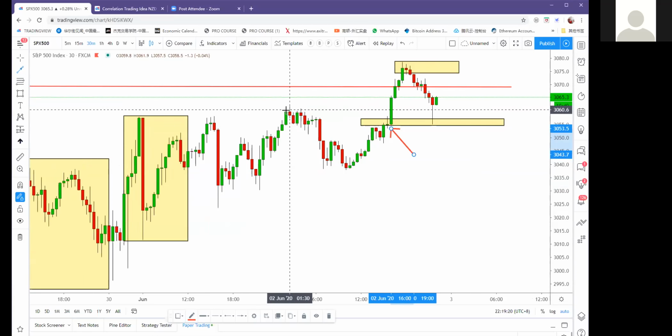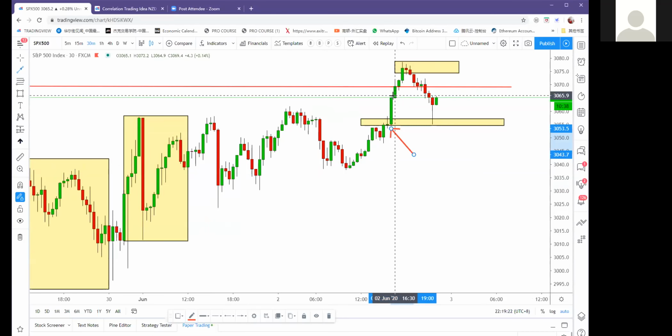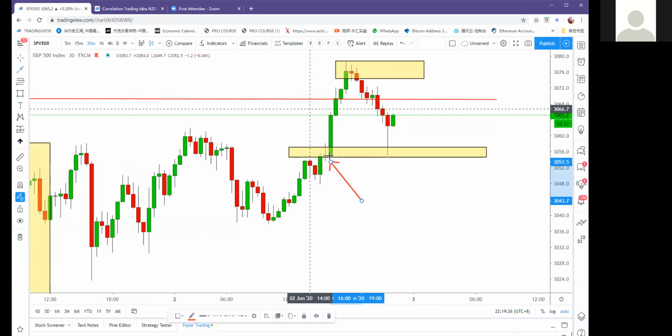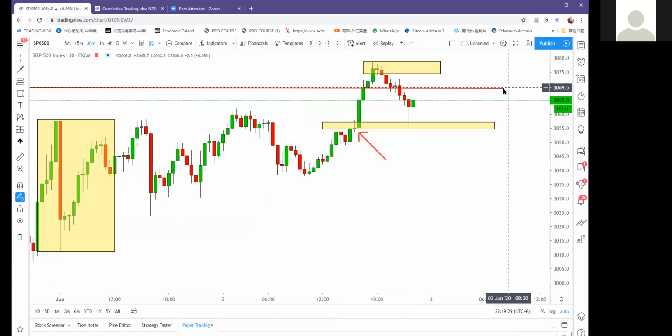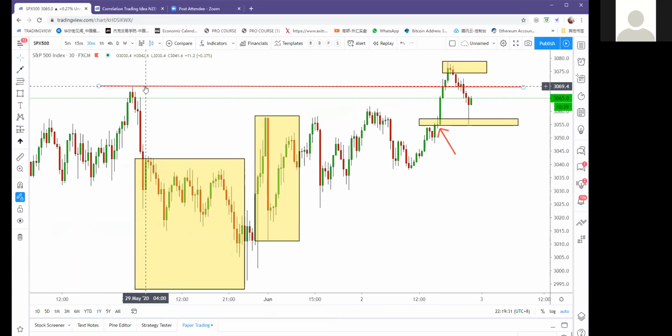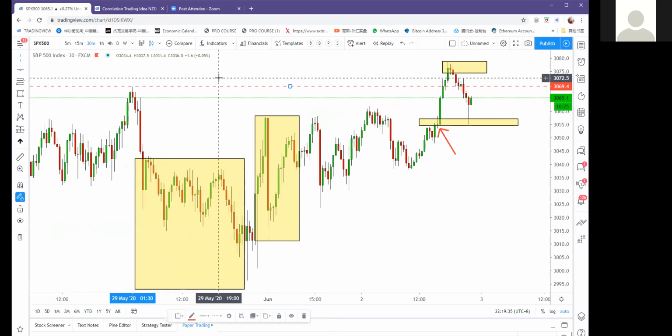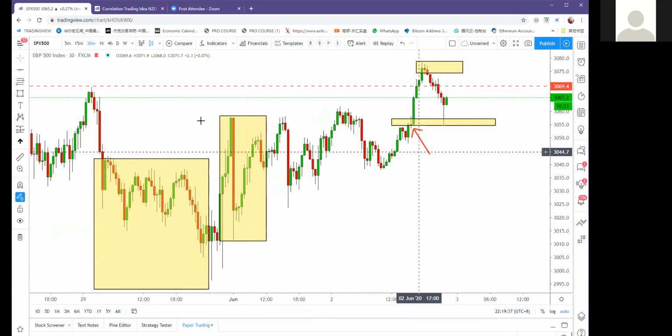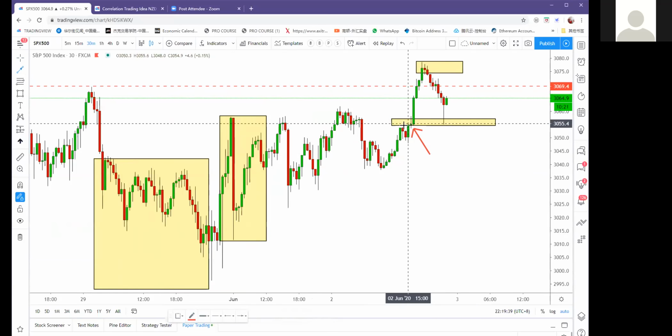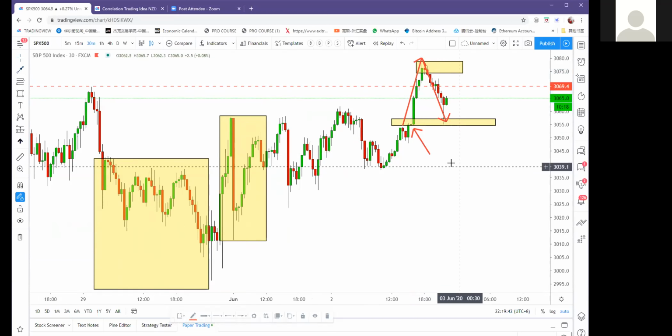S&P didn't really break a new high until this candle. This candle shows some bullish momentum, however, it failed to maintain above 3069, which is the all-time high here. So what we got here, I will consider this as a fake breakout.